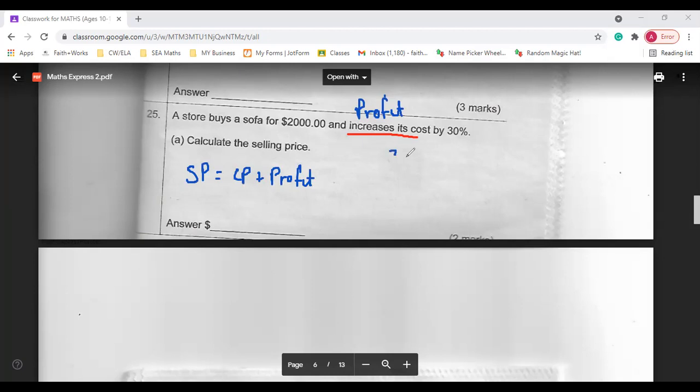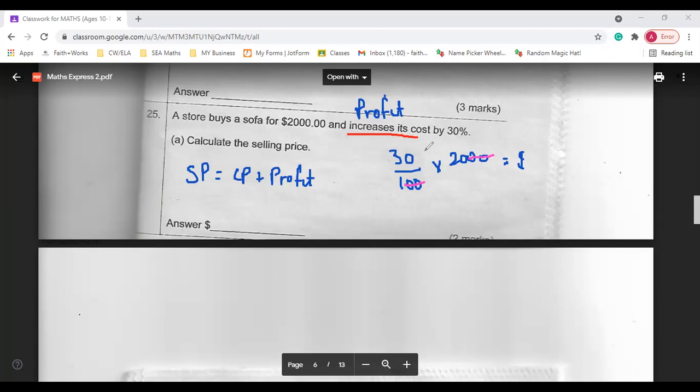So 30% as a fraction is 30 over 100 by $2,000. Right, let me break that down. Let's cancel out those 2 zeros. We have 30 by 20. That will give us $600.